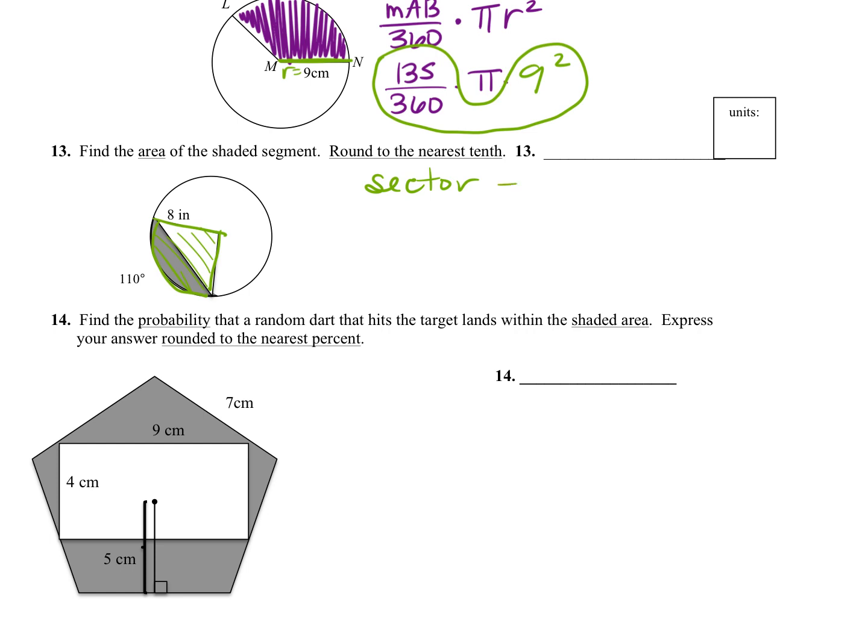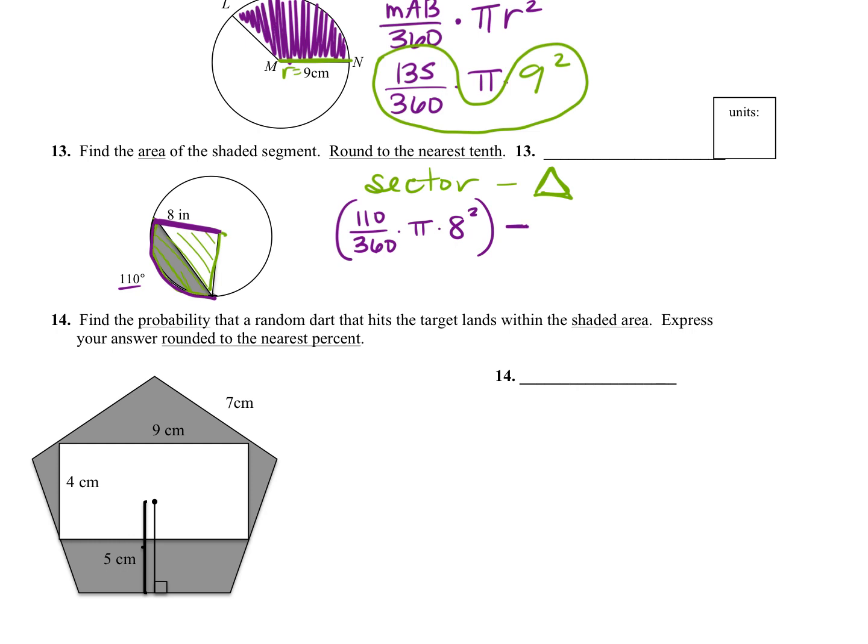And what you do is you subtract the triangle from it. Okay, so start with the formula for area of a sector. That's the measure of the arc, and our arc right now is 110 divided by 360 times pi times the radius, which is 8, squared. Okay, so this is the area of the sector, and we're going to subtract the area of the triangle.